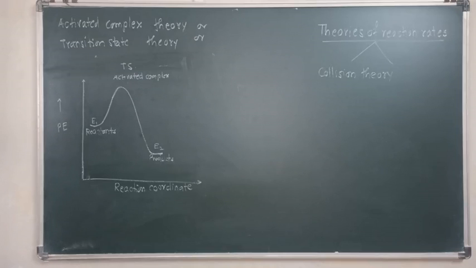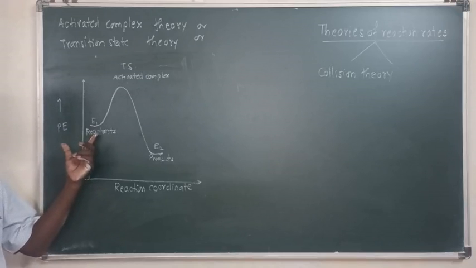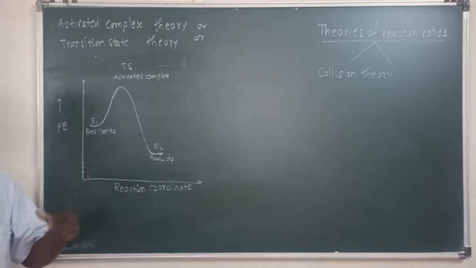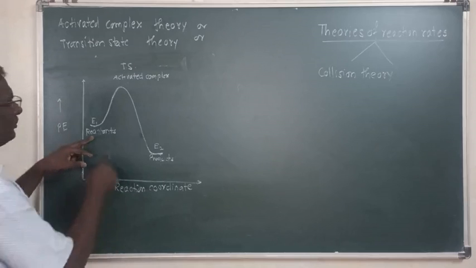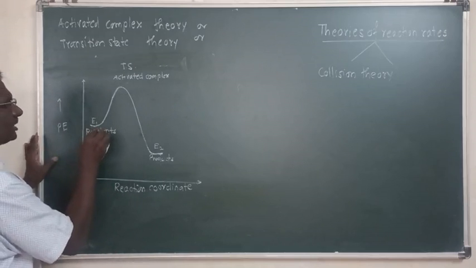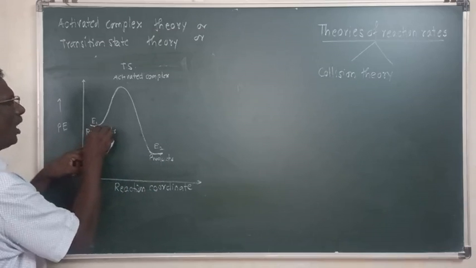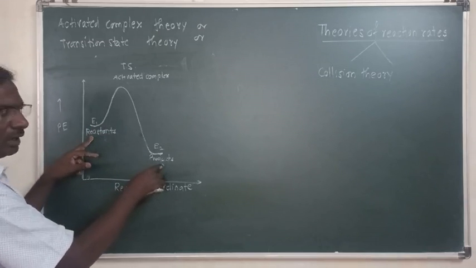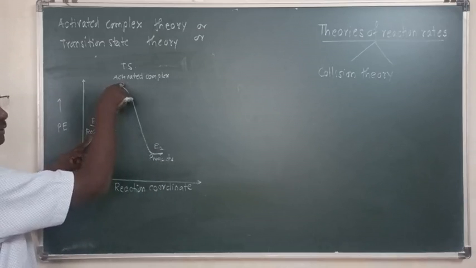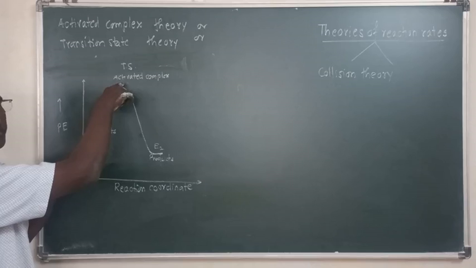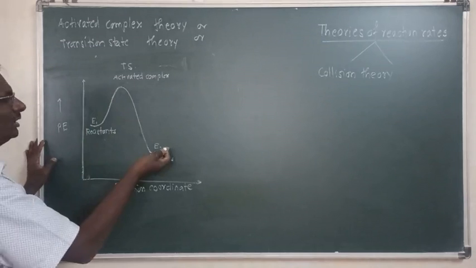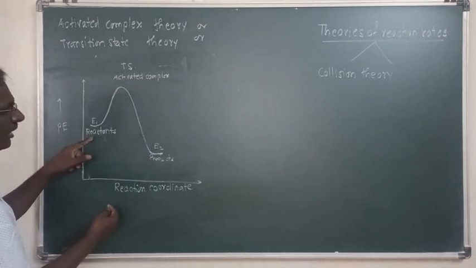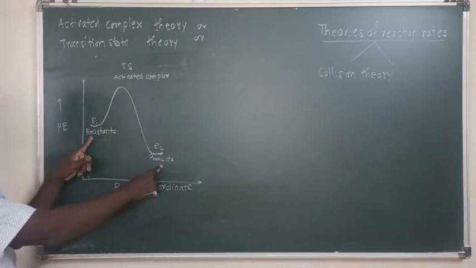Now, according to this theory, before the reacting molecules, that means reactants, change into products, they form an intermediate called the activated complex. This activated complex has higher energy than both the reactants and products.